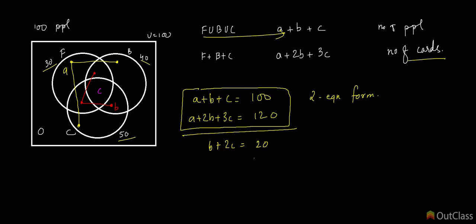They're asking me what is the maximum number of people who play all three sports. I want to maximize C, while remembering that A, B, and C are all whole numbers. So B cannot go less than 0. If I put B equal to 0, I'll get C is equal to 10. And that is the biggest value I can put for C in this system of equations. And so that is the maximum number of people who could be playing all three sports.